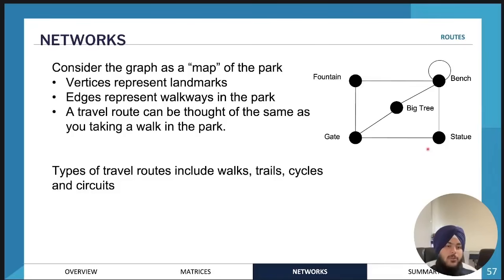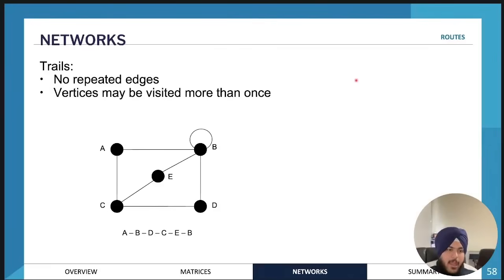Next we're going to be looking at walks, trails, cycles, and circuits, because a lot of the time networks can be considered as maps, almost, to represent the relationships between different locations on a map. First of all, we'll be looking at trails. A trail might just be a route that you take where you're not repeating any edges, but you can visit vertices more than once.